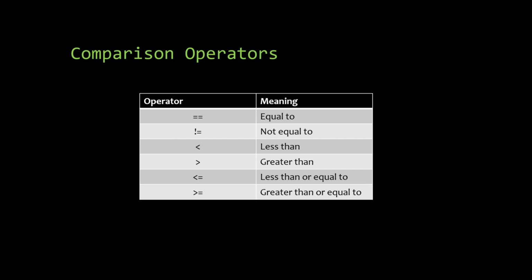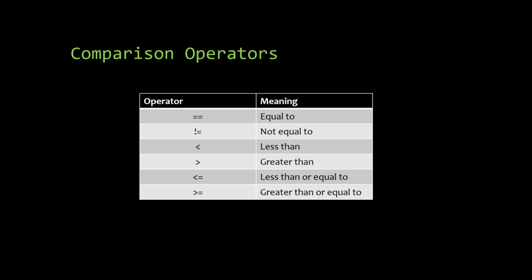Now, if you remember from the last video, we talked about one equal sign was how we assign some data into a variable. So when we have two equal signs, that's asking a question. We're asking, is the thing on the left the same as the thing on the right?